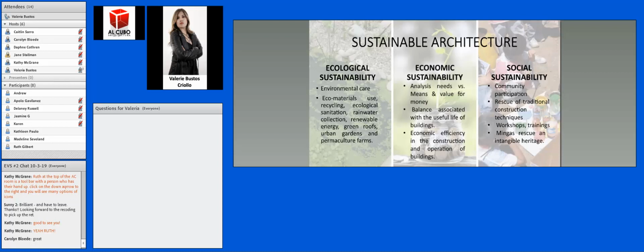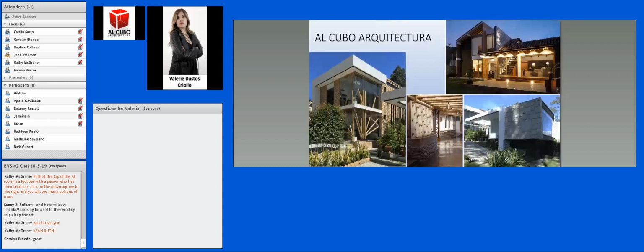Finally, social sustainability promotes the participation of the community in general through mingas, workshops, etc. All pictures in the slide show examples of ecological projects built and completed.